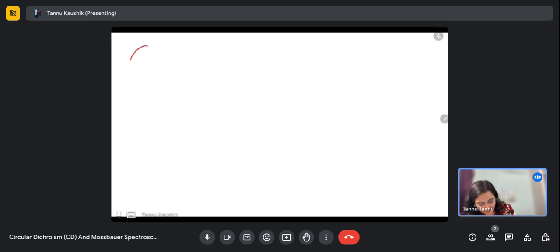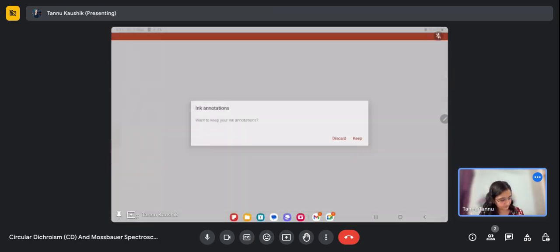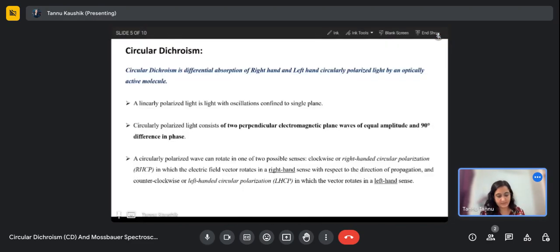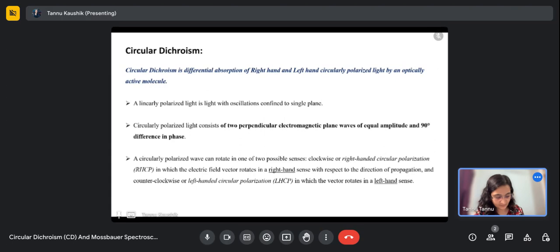So here, this plane polarized light, as we know, since this linearly polarized light is the light with oscillations confined to a single plane, as we have already discussed.